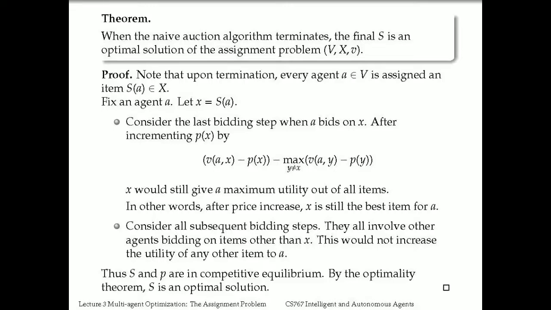Note that upon termination, every agent has been assigned an item. We take A, an arbitrary agent, and the item X that he gets at the end, and consider the last bidding step when A made a bid on X. This is the time when A actually acquired X, and no one else challenged A afterwards.